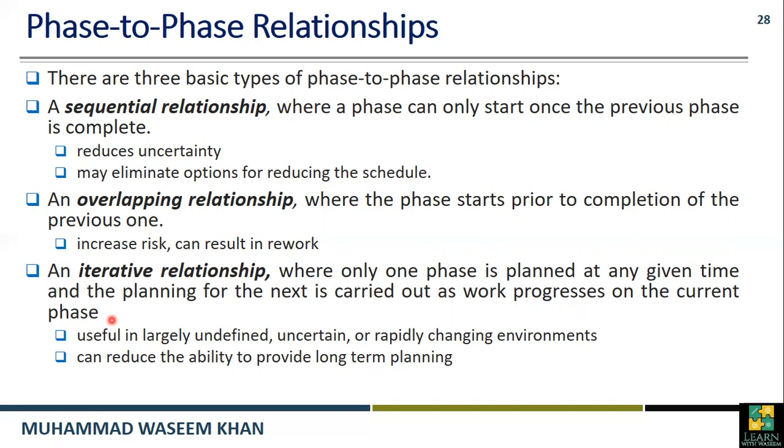If you want to start phase two after completion of phase one, then you need to plan for phase two during the running of phase one. That means phase one is being performed, and along with it you also plan phase two. So that is the iterative relationship, and it is useful in largely undefined, uncertain, rapidly changing or dynamic environments, and it can reduce the ability to provide long-term planning.